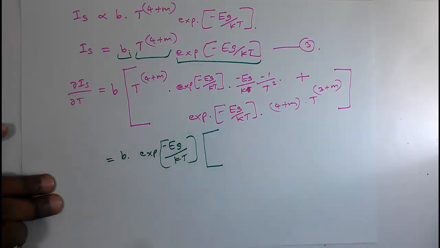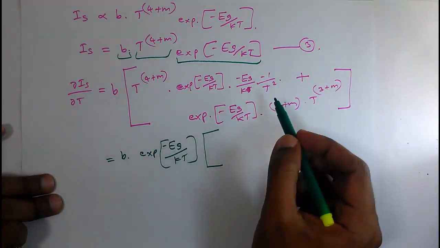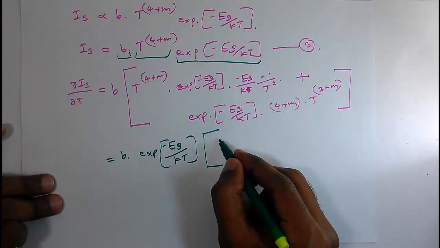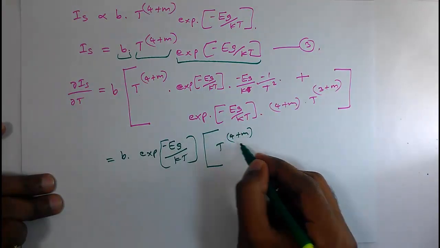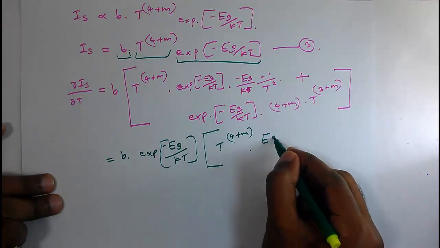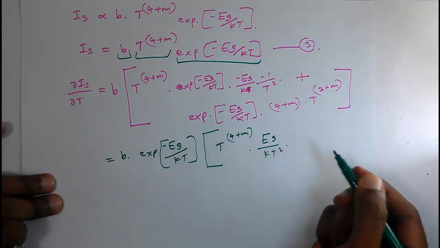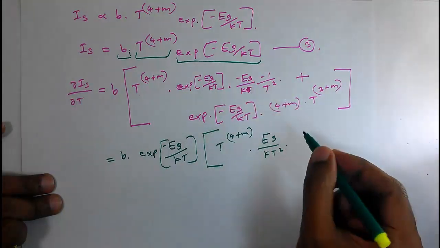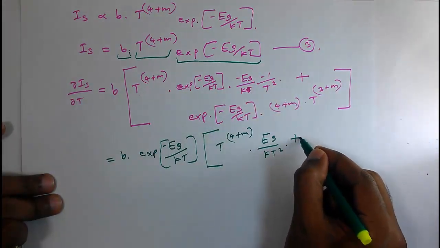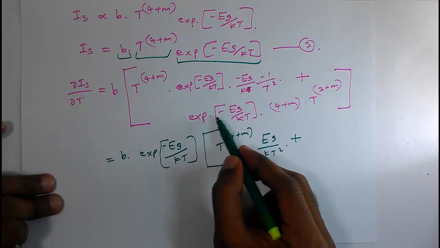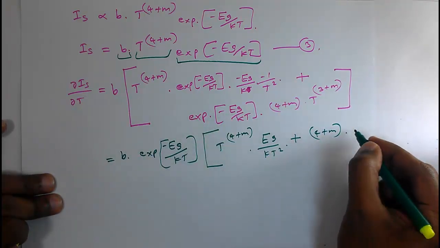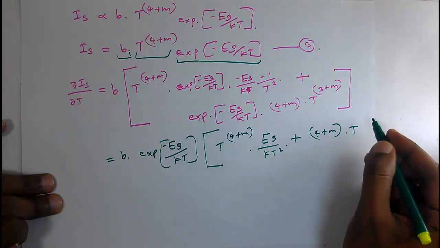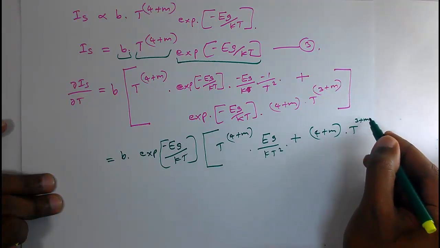Then here we have T to the power 4 plus m into Eg by kT square. So this term is complete, plus we took this term outside, so 4 plus m into T to the power 3 plus m.